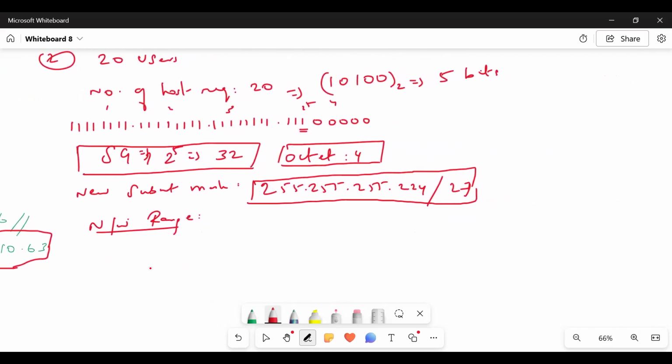So what is the address now? 192.168.10.64. From 64, we need to subnet. What is the subnet generator we have obtained here? 32. We are going to divide by 32 from this IP address.